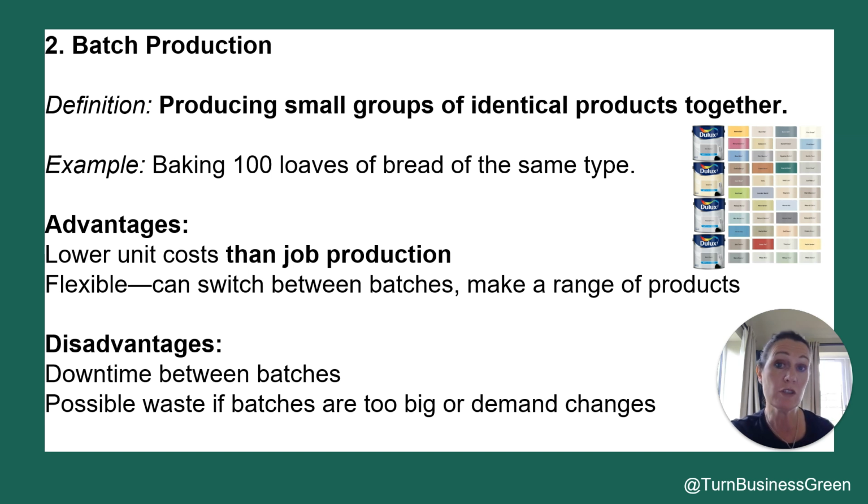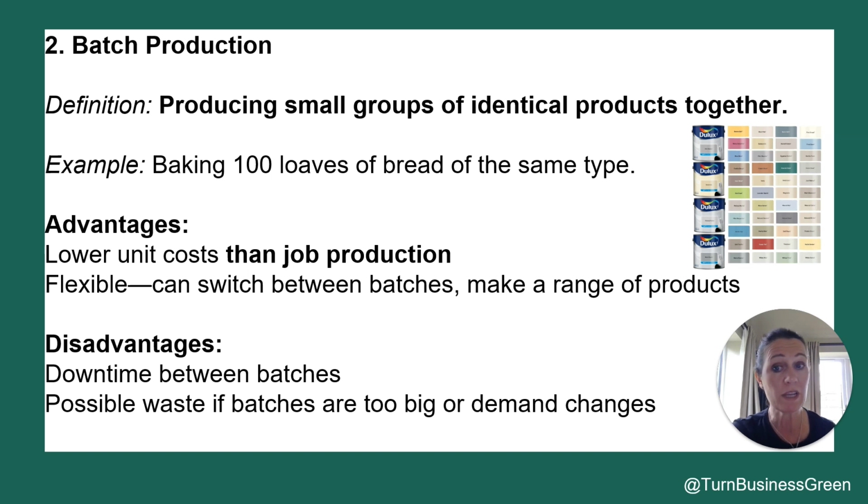The example I very often talk about is Greggs. They turn up in the morning, fire up the ovens, and they put in 100 sausage rolls. Then they change over, and then they're going to make 100 margherita pizza slices. Then they change over, and then they're going to make 100 chicken bakes. Things are made in batches. So you make groups of the same identical product, but small batches of that product.